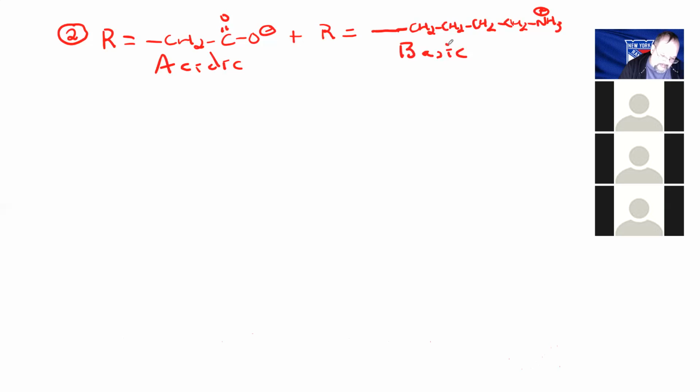And because the oxygen has a negative charge in the acidic amino acid, and the nitrogen has a positive charge in the basic amino acid, that is going to be the main force of attraction between that O- and that N+, the full negative and the full positive. And therefore, you would have an ionic bond, which is known as a salt bridge.